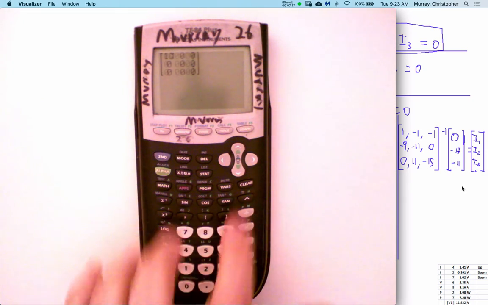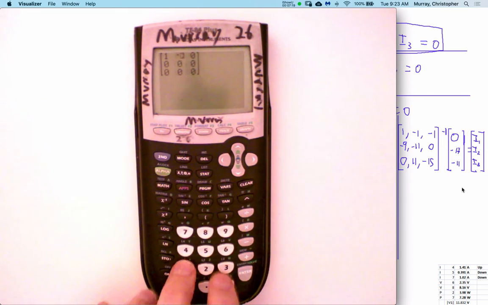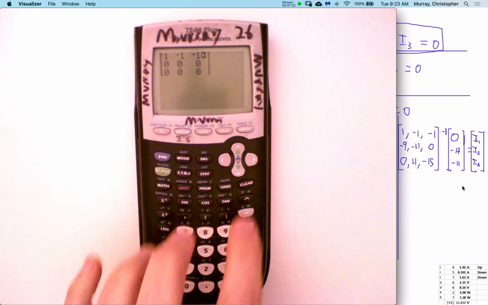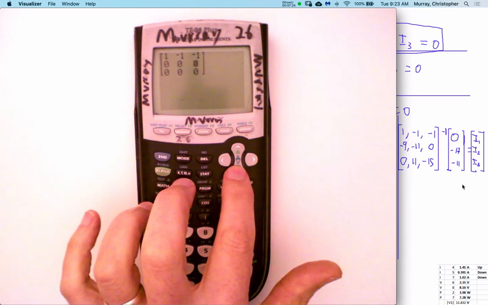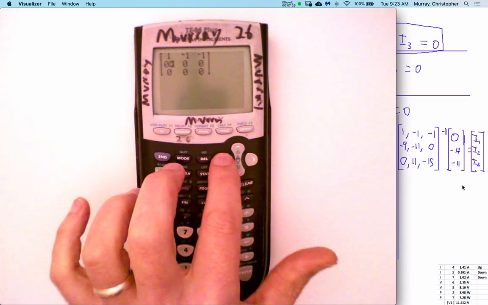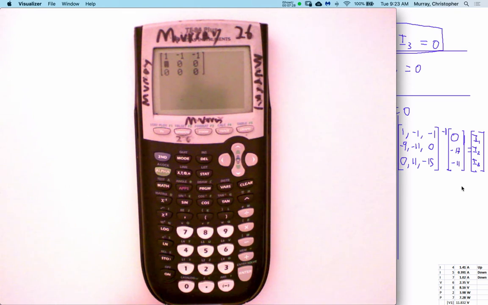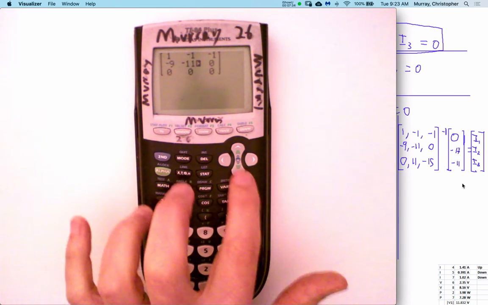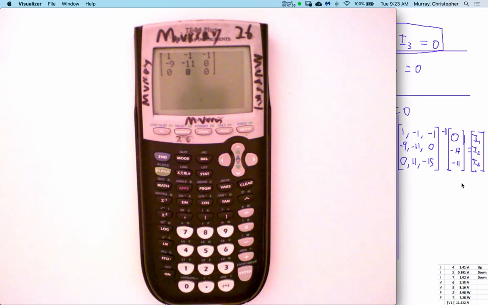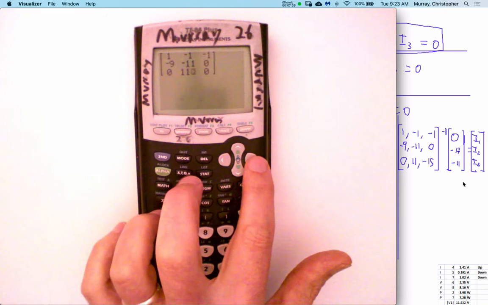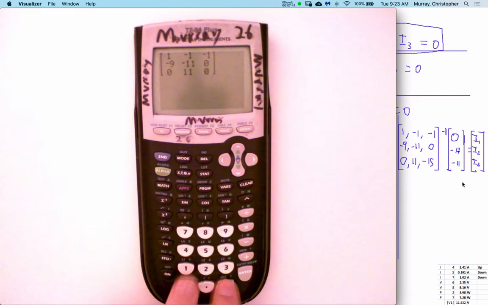Okay, 1, -1, -1. And then I always go to the left side. It's easier to type these in left to right. So -9, -11. I just went down arrow there, and then this is 11. This one's -15. Do I have that typed in correctly?